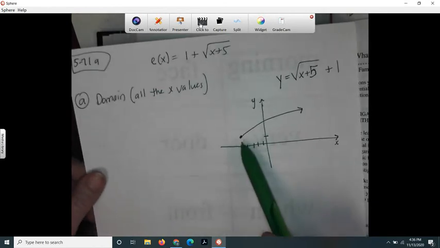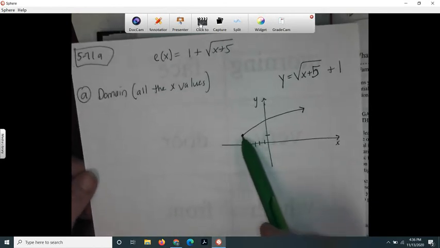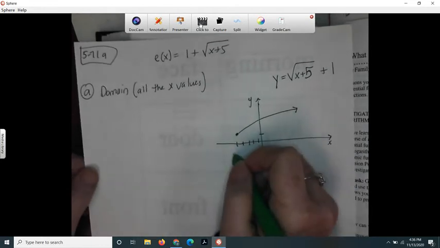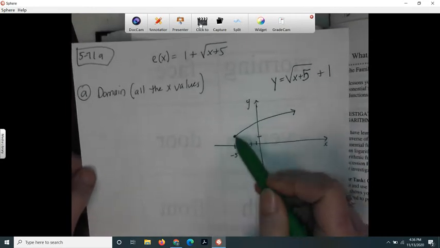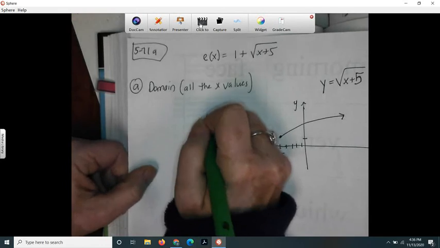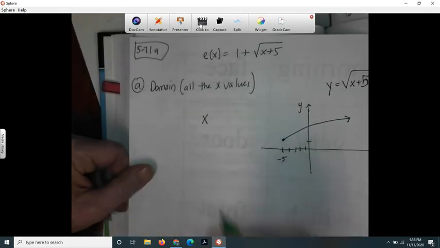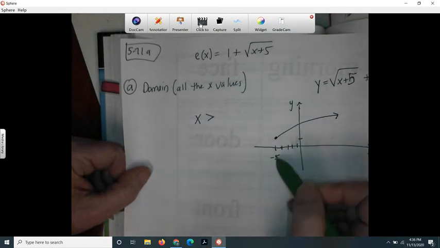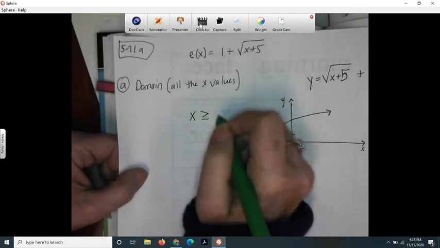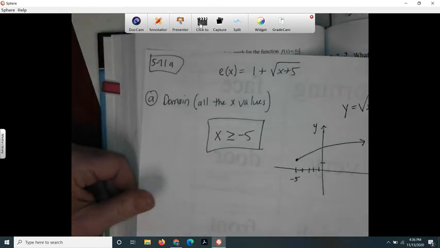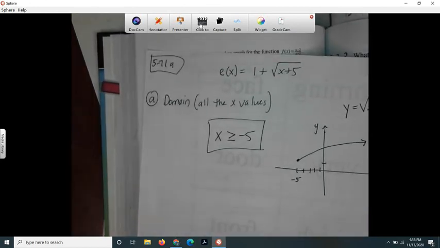There's no arrow here, so the graph does not extend anywhere off to the left of -5. This is -5. The x values of the graph go forever and ever off to the right. So I'm going to say x is greater than or equal to -5, it can equal -5. I think that is the domain.